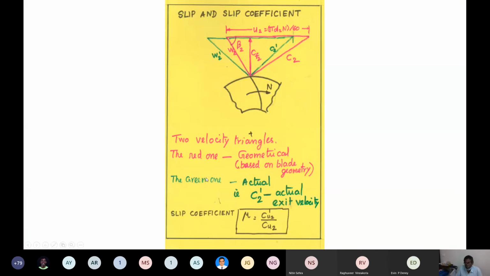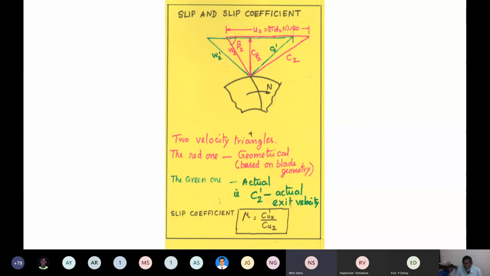Based on slip, we define something called the slip coefficient, and you can now see what happens at the exit at point 2. I have drawn two velocity triangles, one the red one, the other the green one. Can you tell me which one is drawn without slip, the red one or the green one?